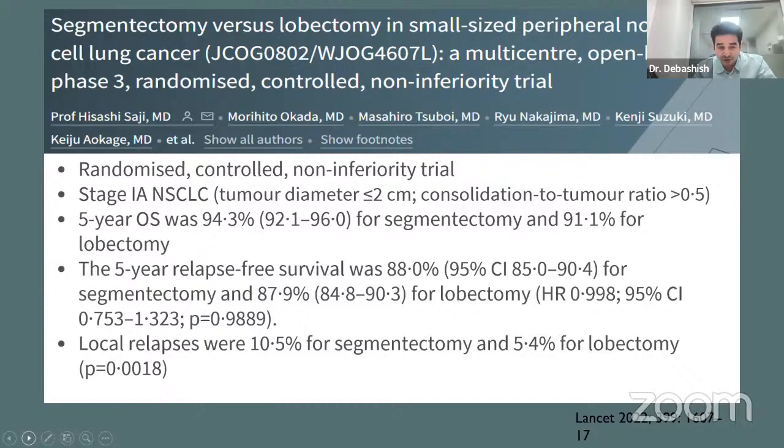The 5-year overall survival was 94.3% for segmentectomy and 91.1% for lobectomy. 5-year relapse-free survival was 88% for segmentectomy and 88% for lobectomy. You can see the local relapse rate was a little higher for segmentectomy, and it was almost double for segmentectomy versus lobectomy. Next slide.